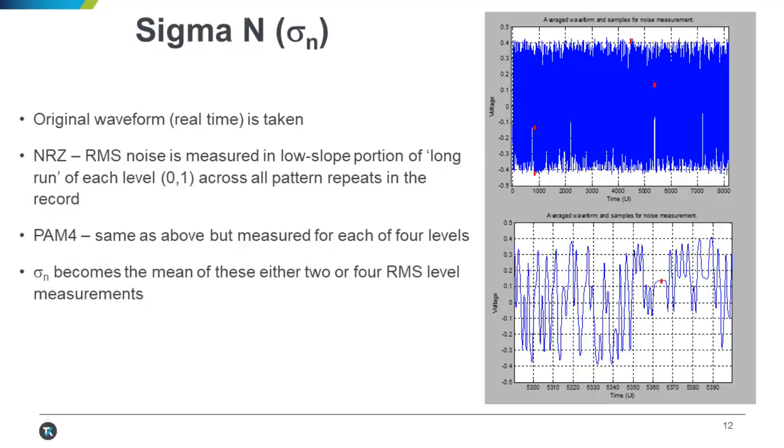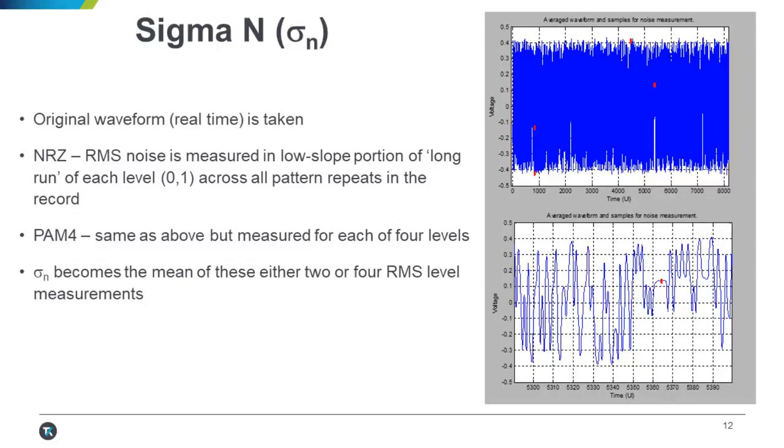Next, we'll look at sigma N. You can really think of sigma N as the noise on the waveform, and we have some advanced techniques that we've introduced to best characterize that. But it's taken from the original waveform, which is a real-time capture.